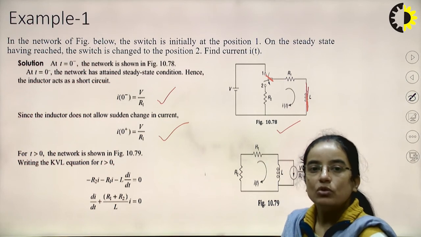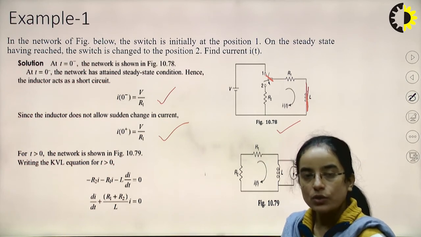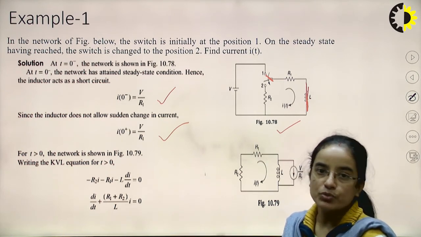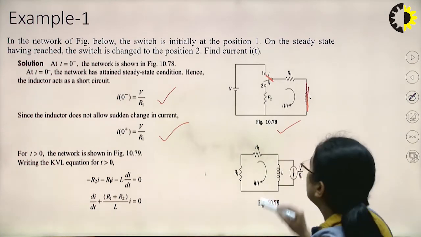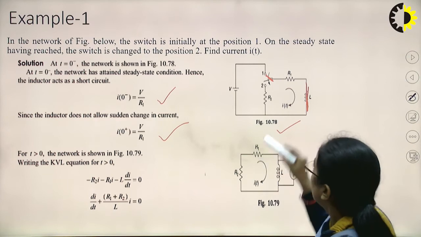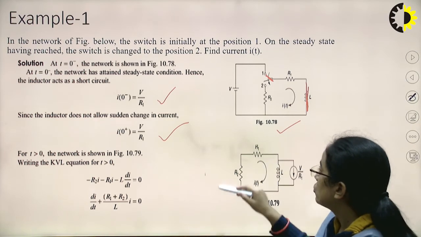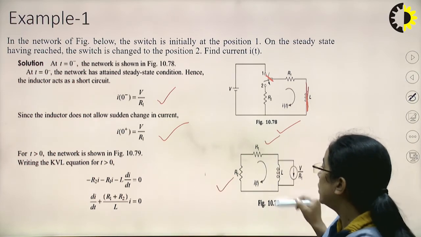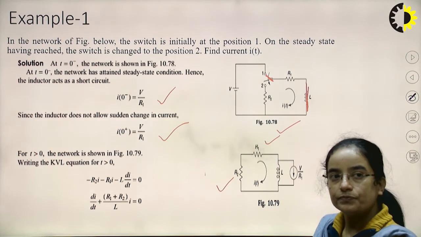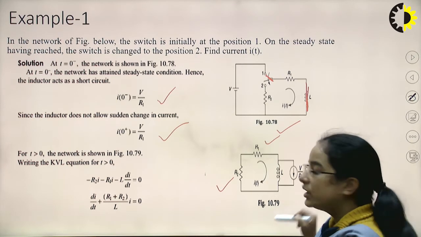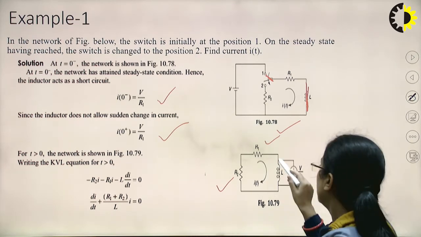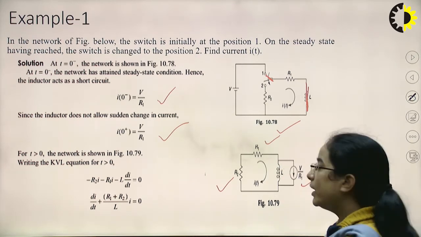Now for t greater than 0, when the switch position has been changed from 1 to 2, this will be the condition now. Okay, so R1, R2. Since the inductor was in steady state, now the inductor will behave as a current source with value V by R1.